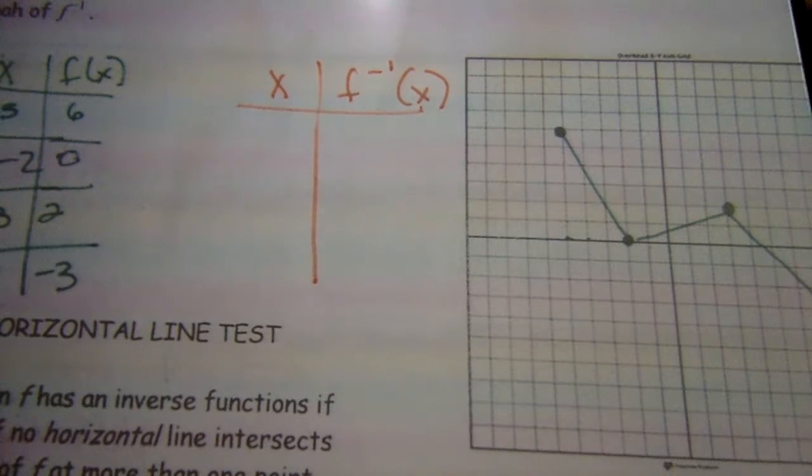So what's the inverse, the table for the inverse function? All the values switched. So it's going to be what? 6, -5, 0, -2, 2, 3, -7. How about -3, 7?